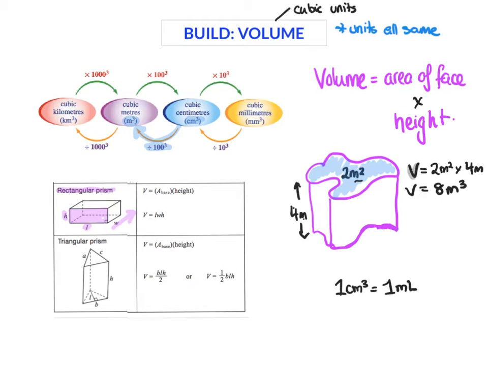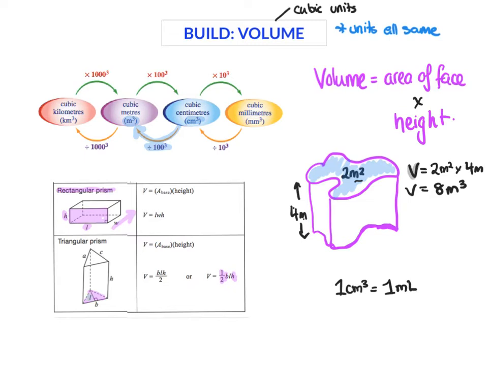If you were finding the volume of this triangular prism, you can see that they've found the area of the face, which is a triangle, which is half base times height. So here you can see they've got the half, the base, and the height. Oh, well, the height for my triangle is actually L, isn't it? Oops, sorry.